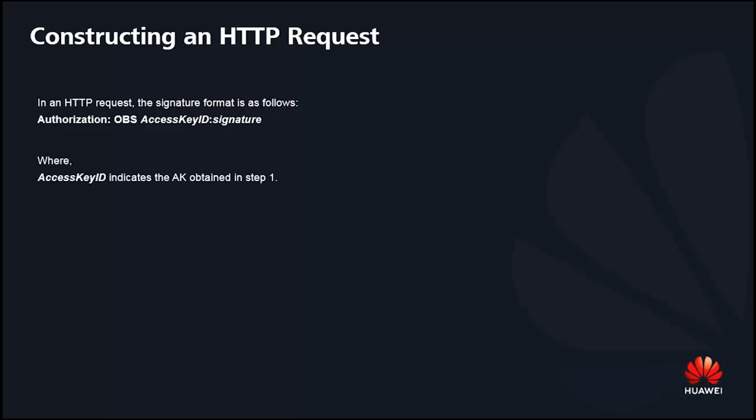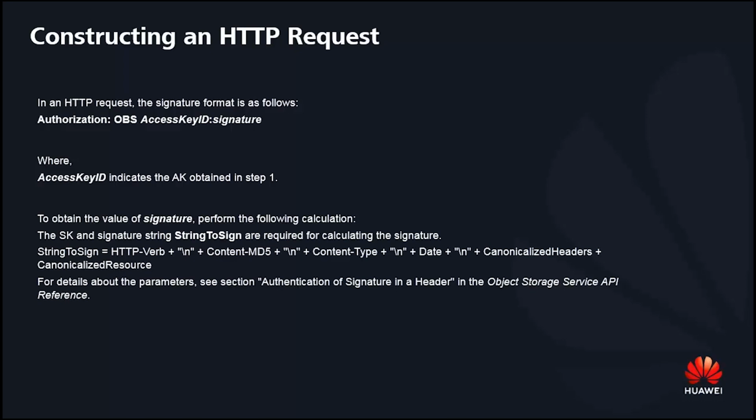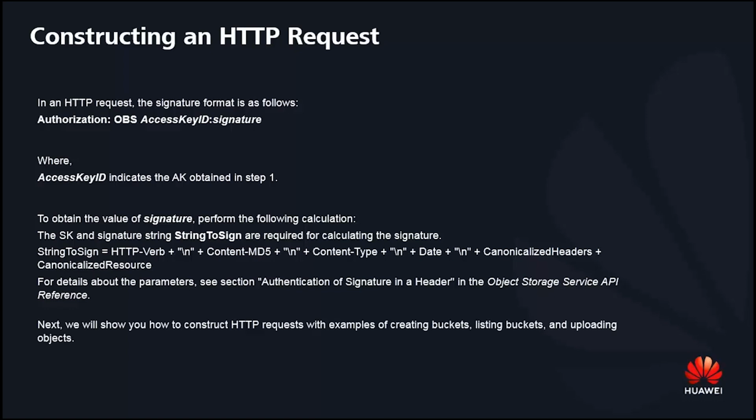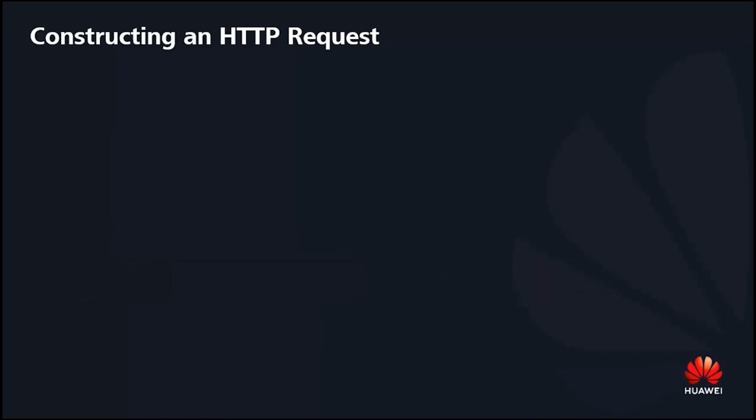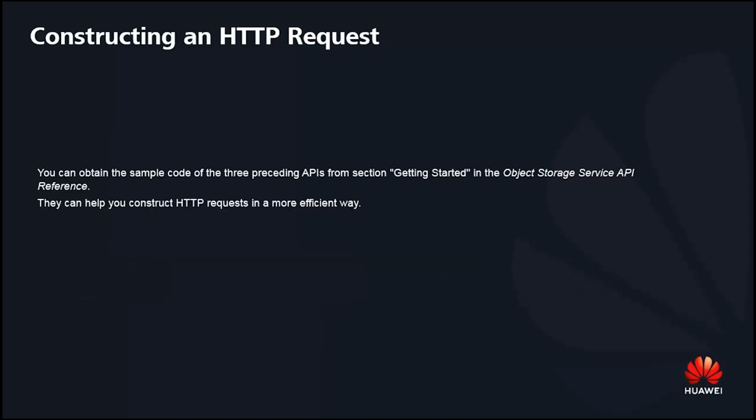Access key ID indicates the AK obtained in step 1. To obtain the value of signature, perform the following calculation. Next, we will show you how to construct HTTP requests with examples of creating buckets, listing buckets, and uploading objects.